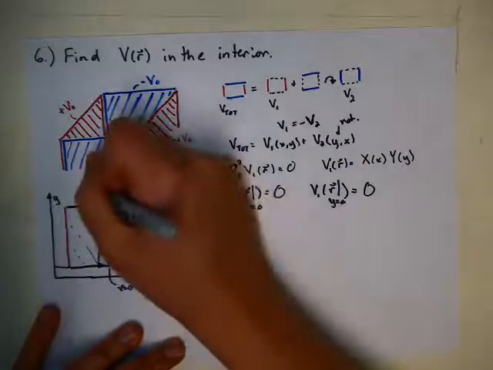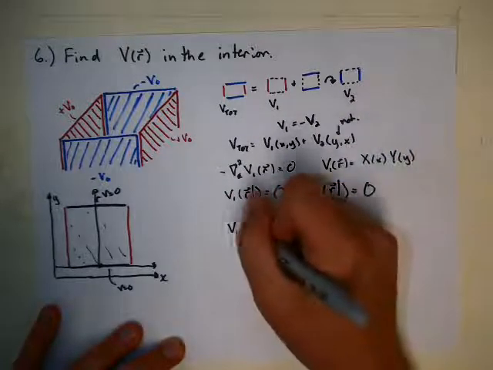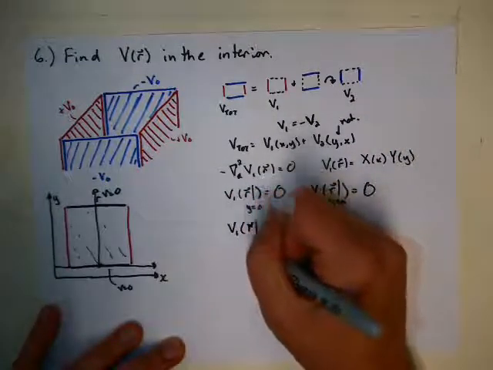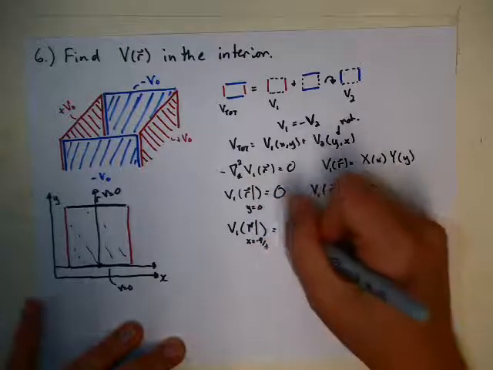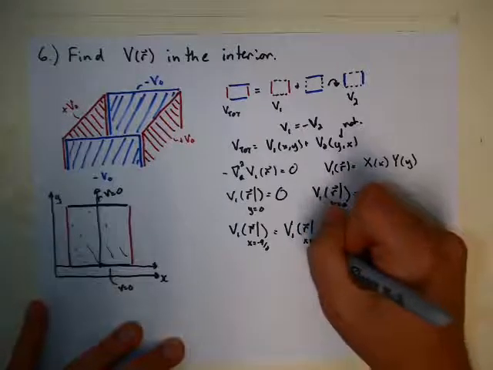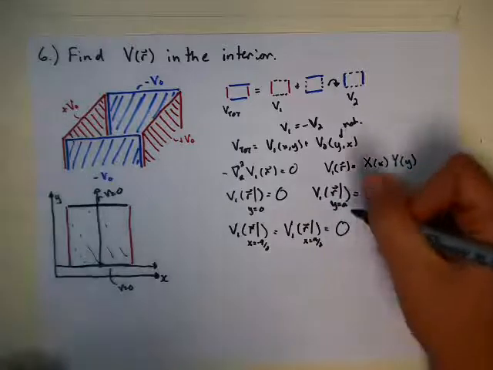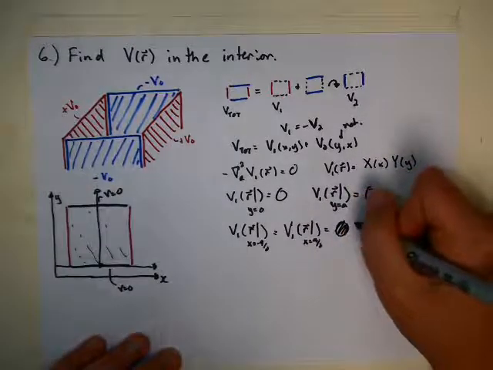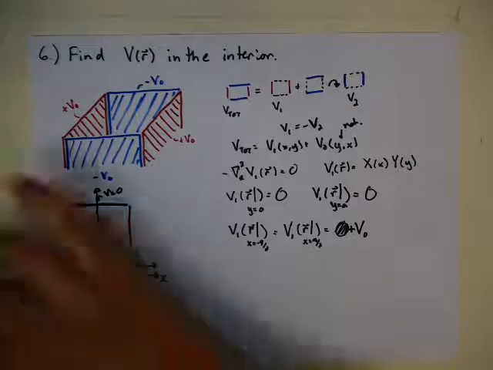And so I'm going to have V1 at x equals minus a over 2 needs to be symmetric. So this is the same as V1 at x equals a over 2, which is going to be equal to, in this case, V naught with a positive sign for V1.